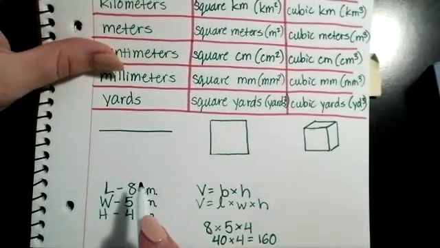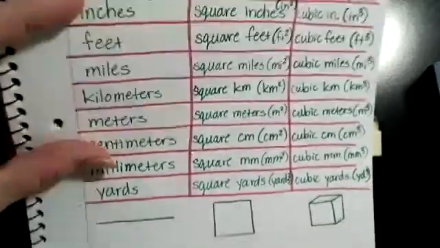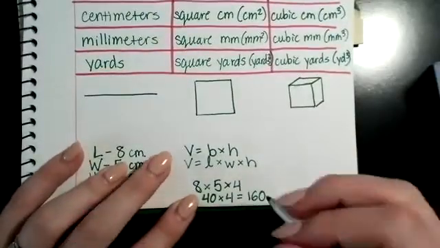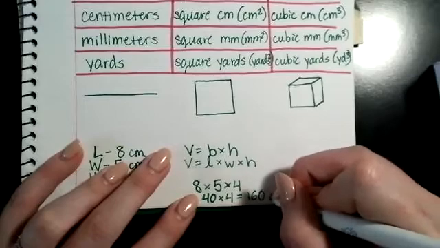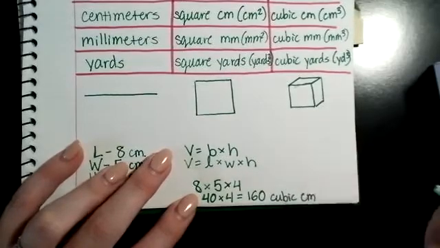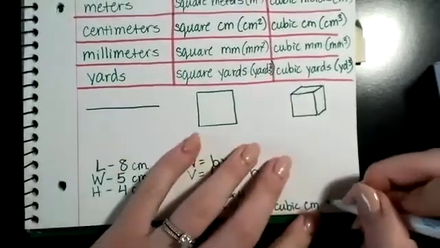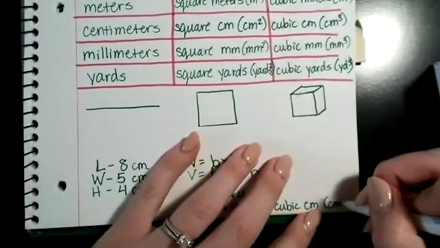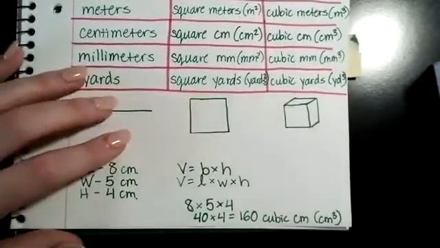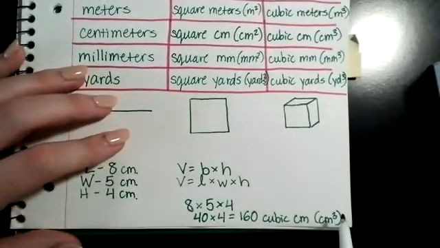So when I multiply all three together, I got 160, but it's not just 160, it's 160 cubic centimeters, or you could write it cm cubed.